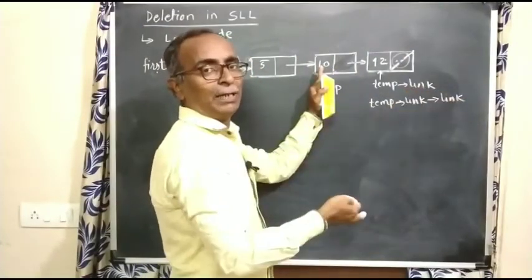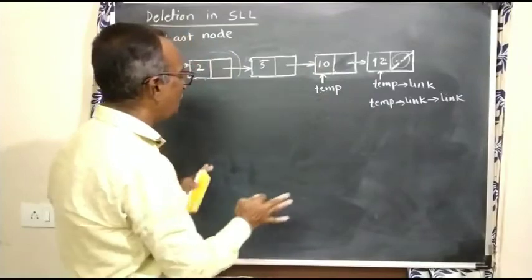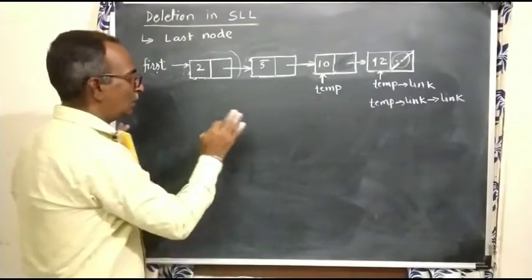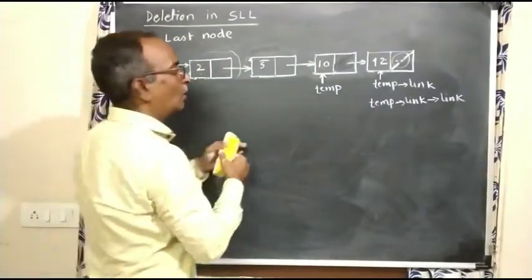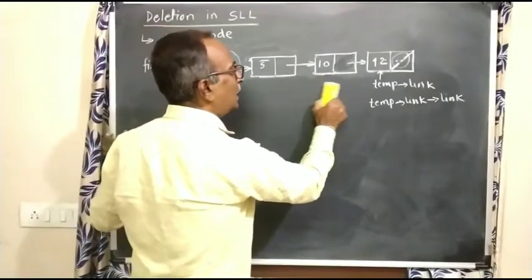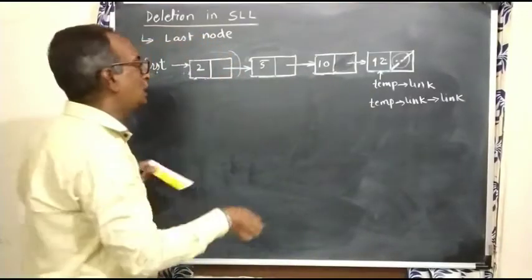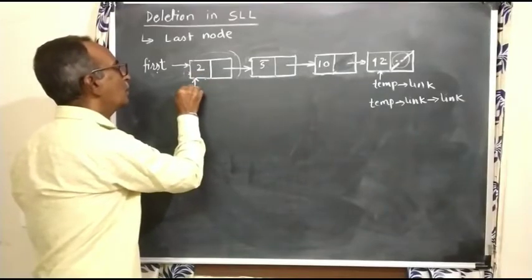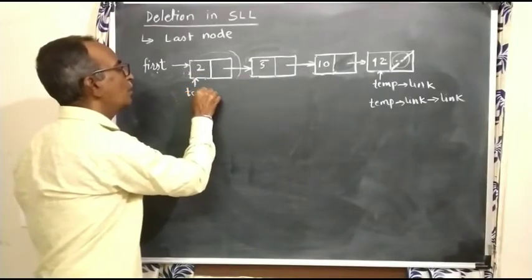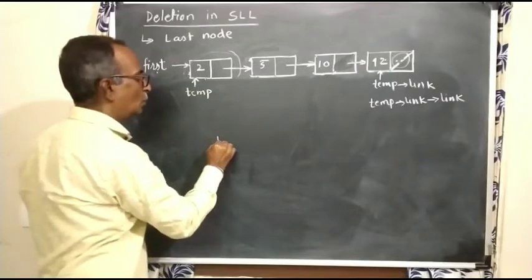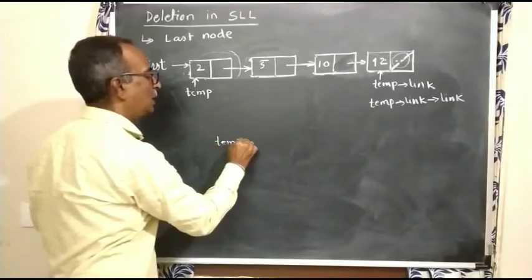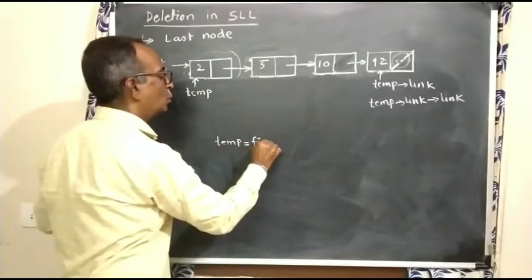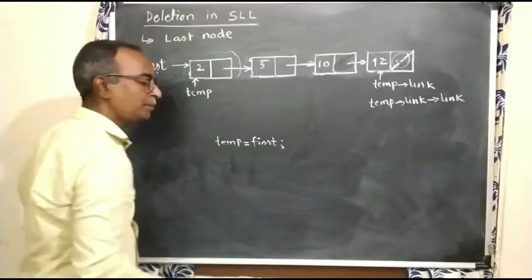Next node's link field. So what will be the scenario or algorithm for this? We'll see. For getting the predecessor node, as traversing is required, point first to the first node. So we will take temp is given the first node's address.